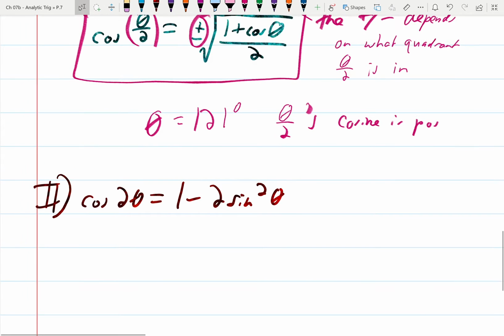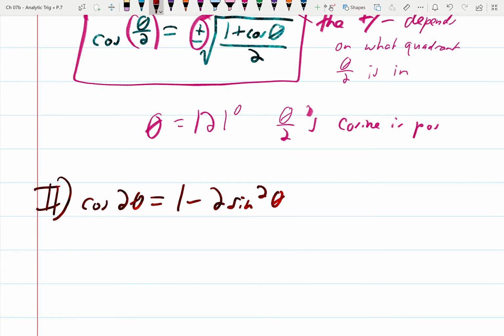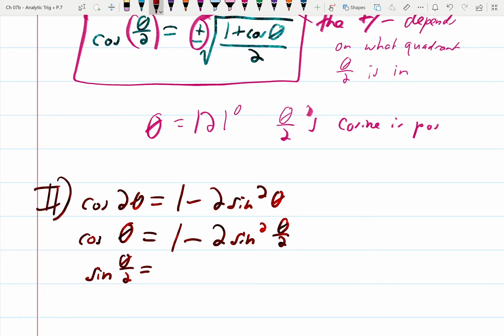If the cosine of 2 theta is 1 minus 2 sine squared theta, then the cosine of theta is 1 minus 2 times the sine squared of theta over 2. Same relationship. Now let's just isolate theta over 2. I'm going to switch things around and make it sine squared of theta over 2 equals 1 minus cosine of theta all over 2.